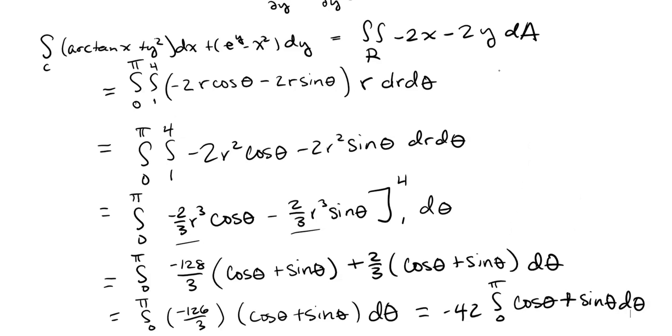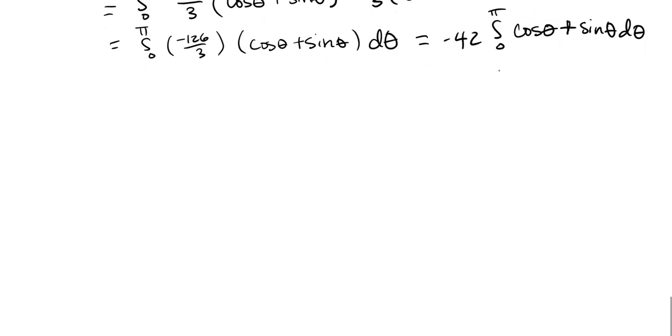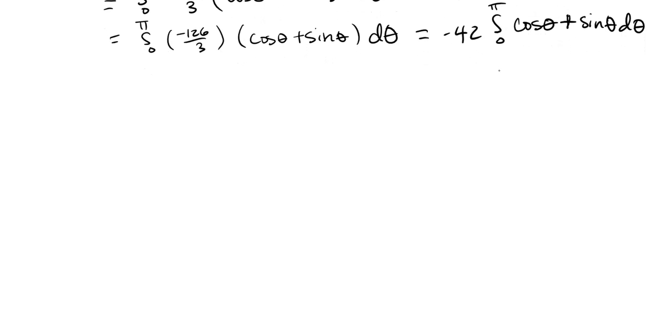Cosine theta is going to integrate to sine theta, and then sine theta integrates to negative cosine theta. We're going to evaluate that from 0 to pi.